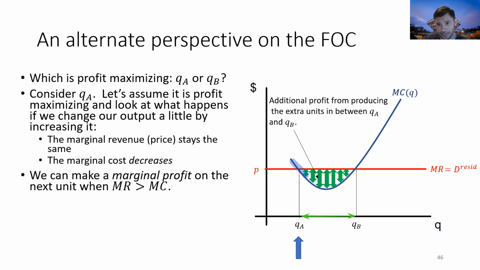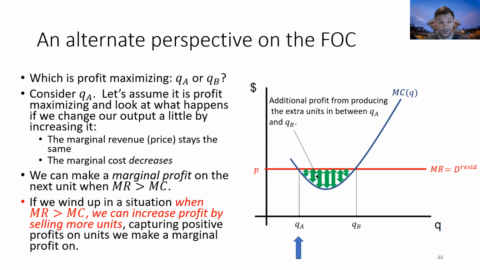What about B? Well, if we wind up in a situation like we were at A, we saw we could increase and sell more units because the marginal revenue exceeded the marginal cost on those units. If that ever happens, if the revenue on the next unit exceeds the cost, you should produce that. You will make a marginal profit.